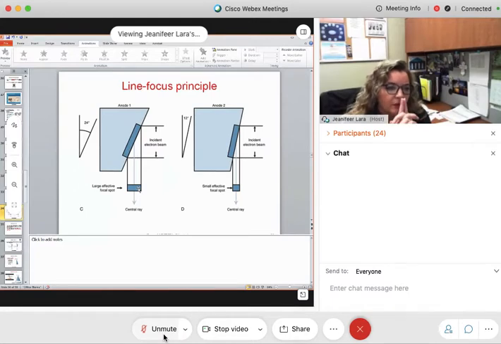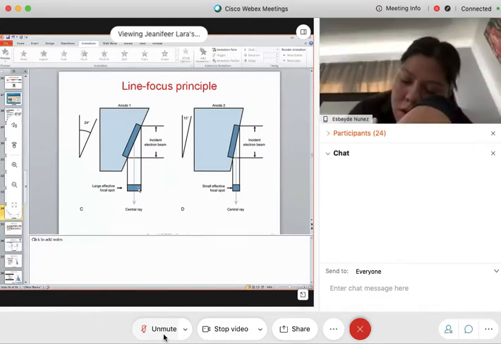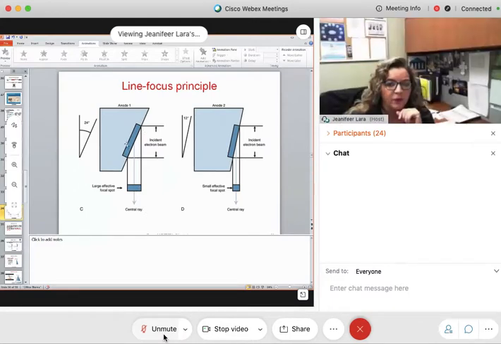Okay, thank you. So the line focus principle says, by angling the focal track or the target, we create a larger actual focal spot and a smaller effective focal spot. The smaller the effective focal spot, the better the image quality. So this is engineering.